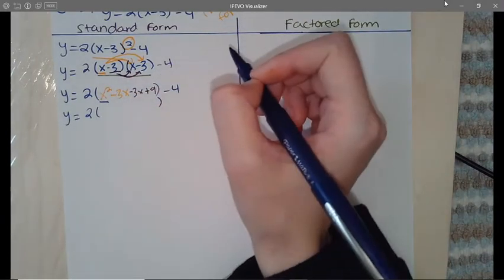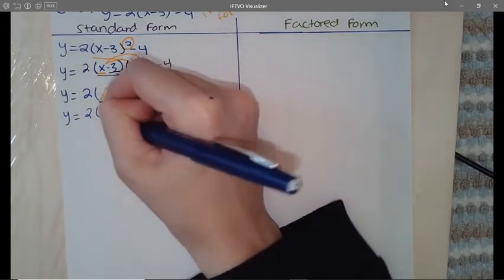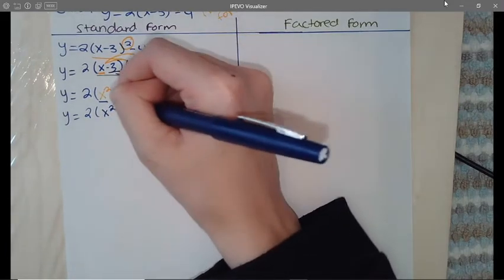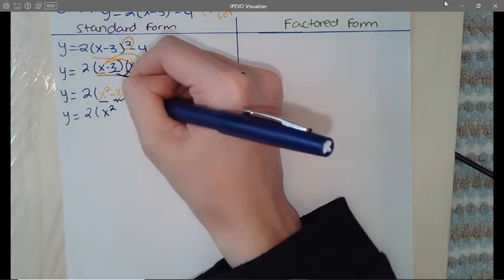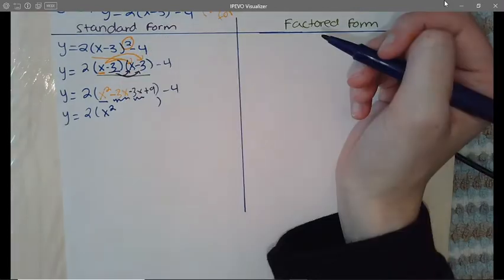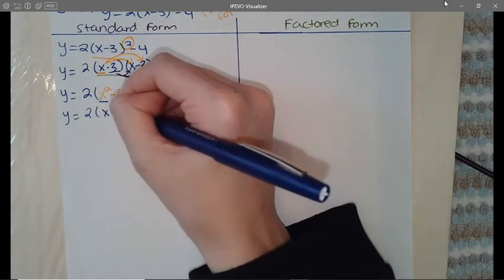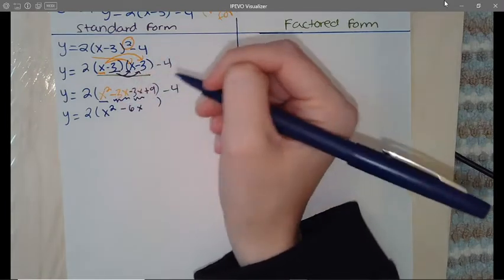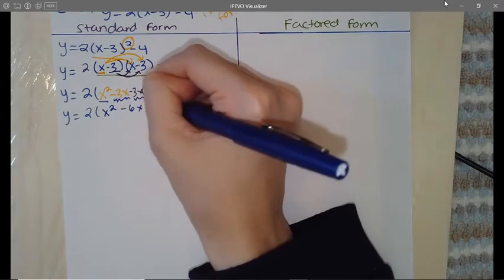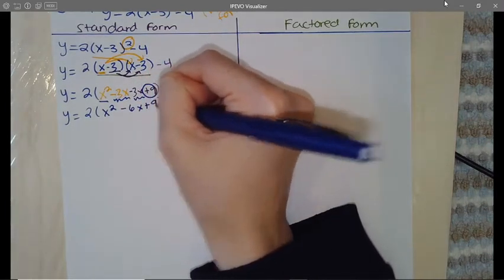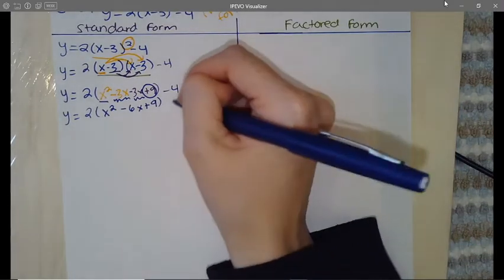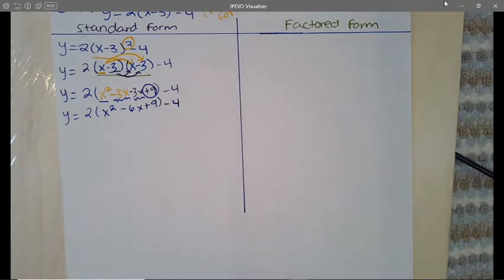I don't have anything else to combine it to, so I'm just going to bring it on down. My next two like terms are the negative 3x and the negative 3x, which is negative 6x. And then I'm going to bring down my final number, which is the plus 9. And then I'm going to bring down the negative 4.